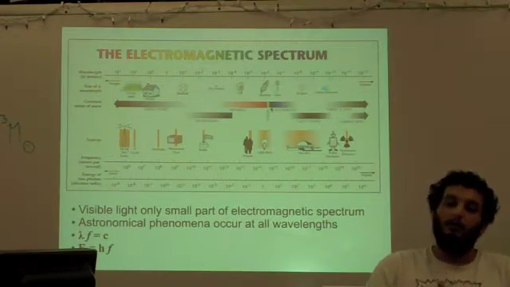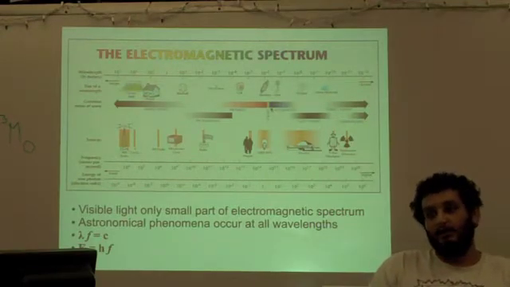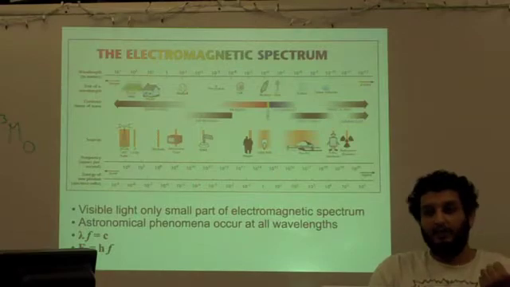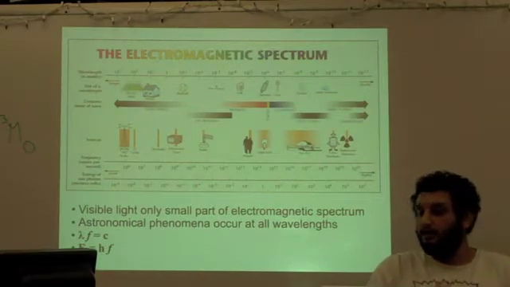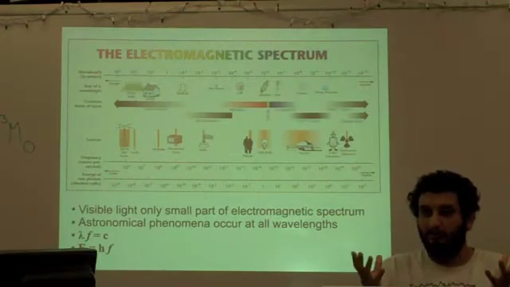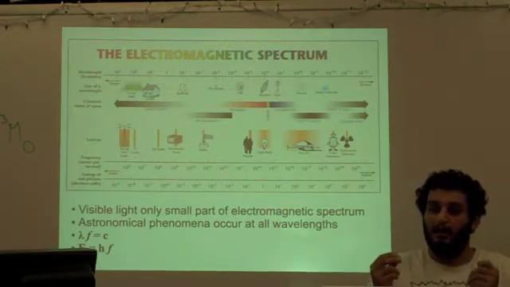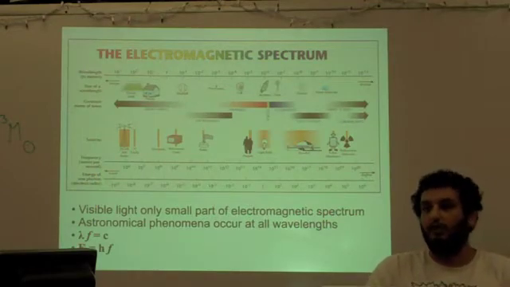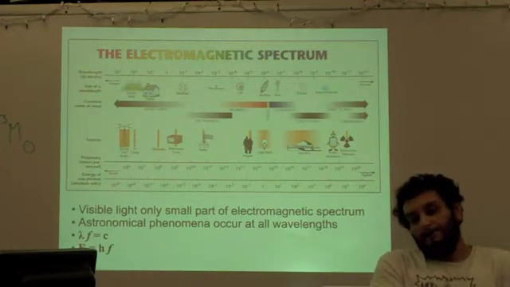And why it's called electromagnetic is because the phenomena of light waves are comprised of electric and magnetic fields. It's beyond what we're trying to do here to go into the details of how that happens, but that's why it's called electromagnetic. Light is an electromagnetic phenomenon. It has electricity and magnetism as its root causes.